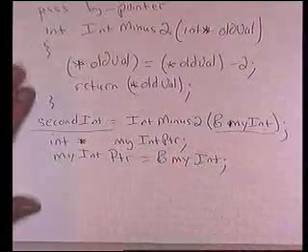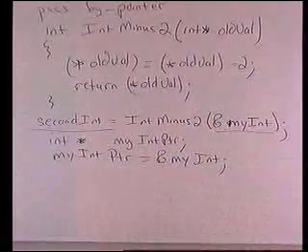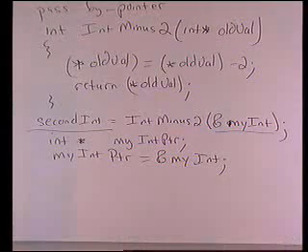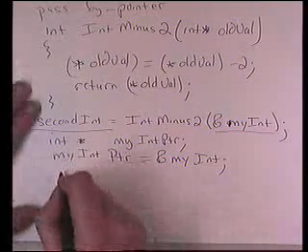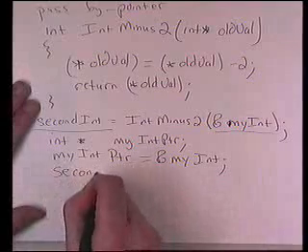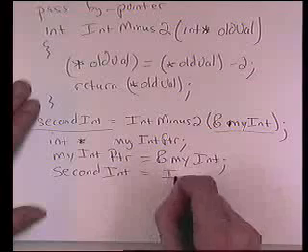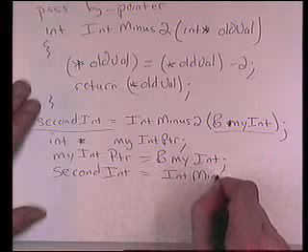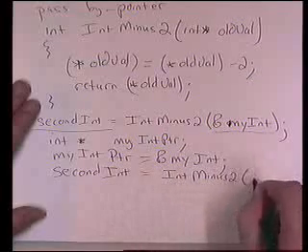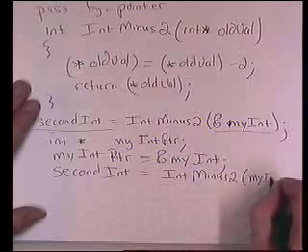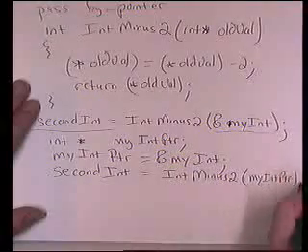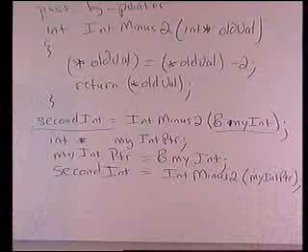So now whatever address that was, it was A20 in our previous example, that address would be stored in this variable, and then you can now say second int equals int minus 2, and then here my int pointer is our argument.